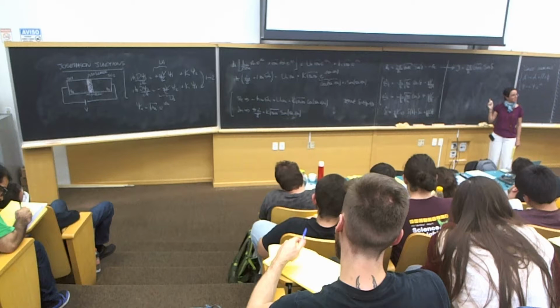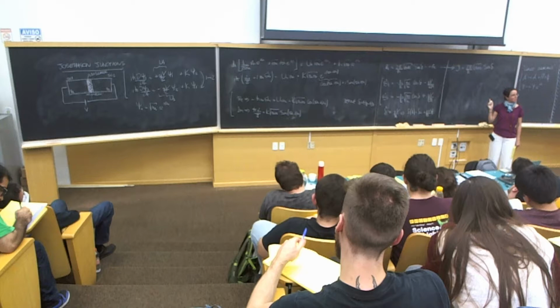And this oscillation of the current as a function of the field is what makes this a very good sensor for magnetic fields which are very, very tiny, because now you have oscillations controlled by the magnetic flux quantum, which is essentially the smallest magnetic flux one can get, of the order of 10 to the minus 15 Tesla.